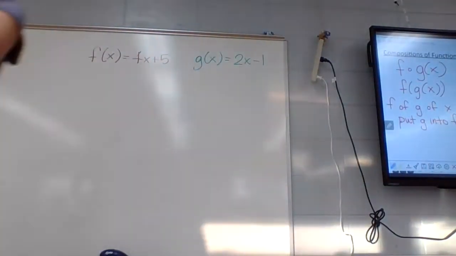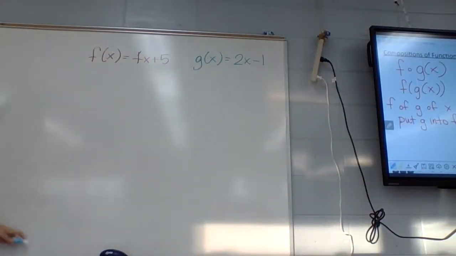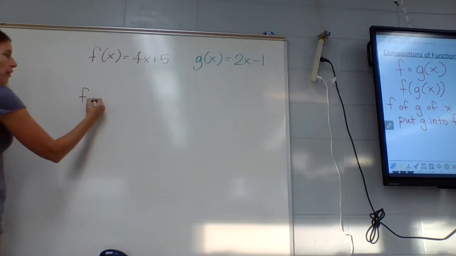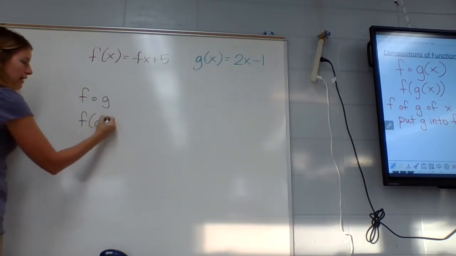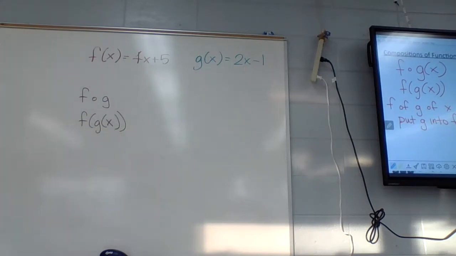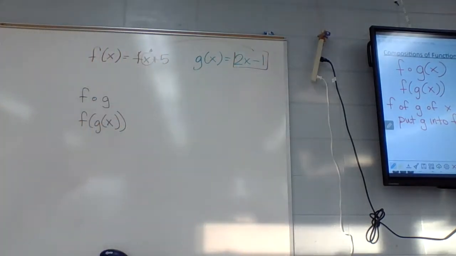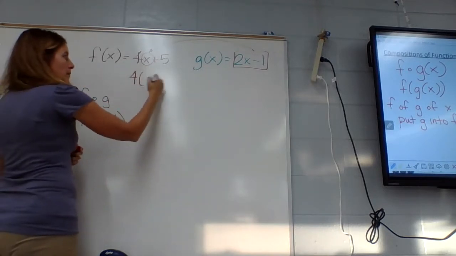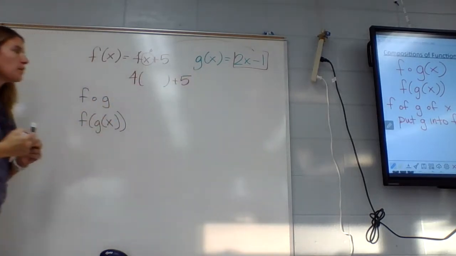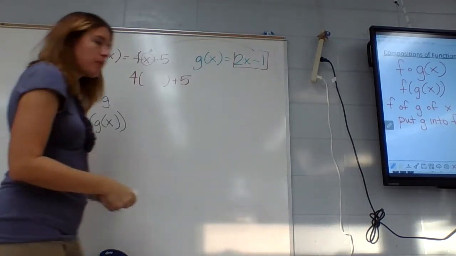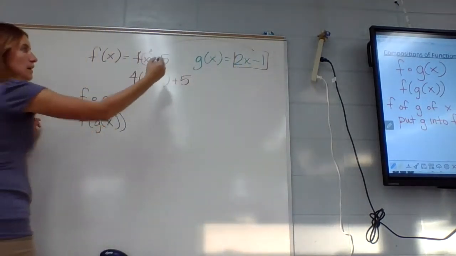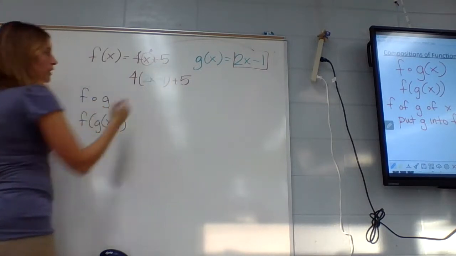Okay. So if they're asking me to do f of g, or f of g of x, they're saying in place of my x, I have to take this whole function and put it in there. So I'm going to take that function and drop it into the other one. In place of x, I'm going to put the 2x minus 1.